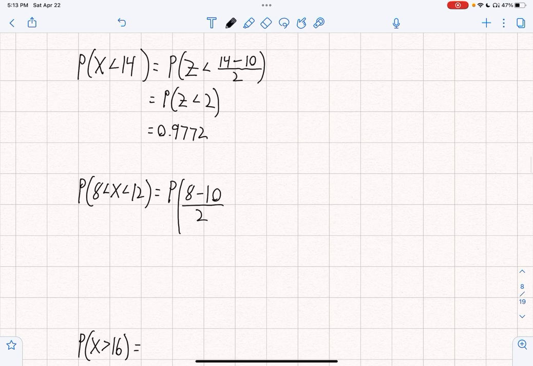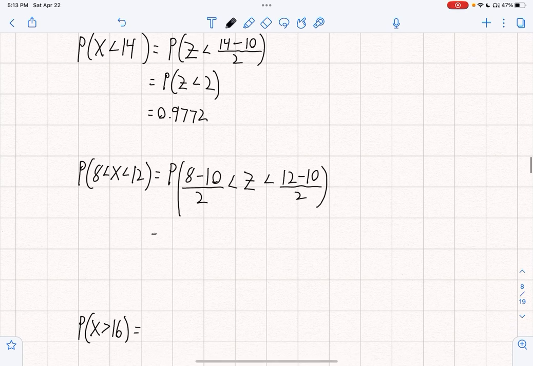Okay, but we want to do that for both 8 and 12. So again, I'm moving from x to z. So now it's 12 minus 10 divided by 2. Now I can simplify this to the probability that negative 1 is less than z less than 1. Okay, so the probability x is between 8 and 12 is the same as saying the probability z is between negative 1 and 1.